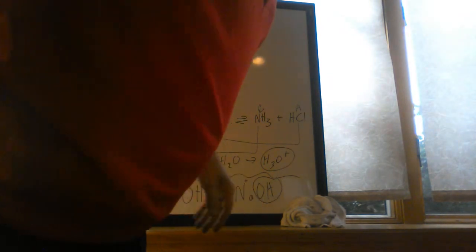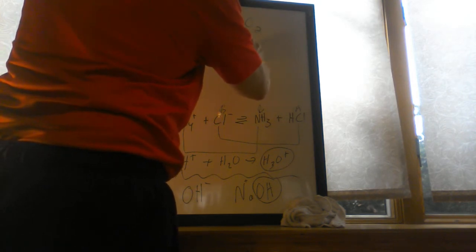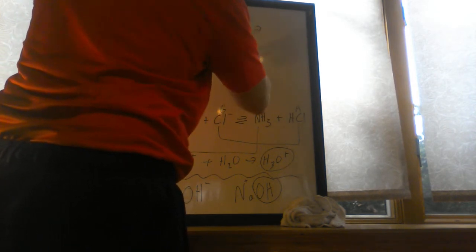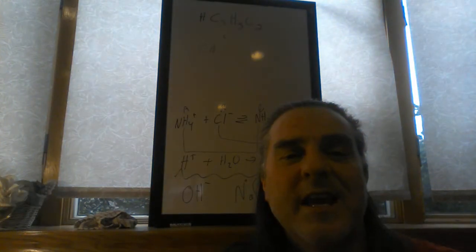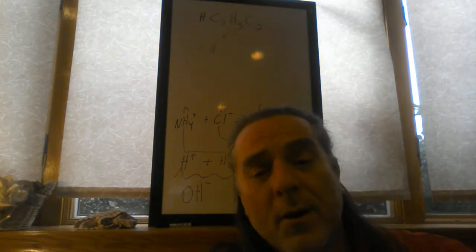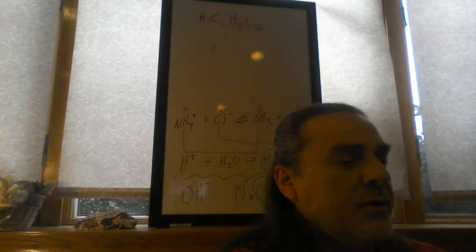Acetic acid, which is this, HC2H3O2 or CH3COOH. I need a new marker. I'm going to have to get myself another marker. But it says CH3COOH. I gave you and showed you some of those yesterday. Okay, that would have been choice 3.